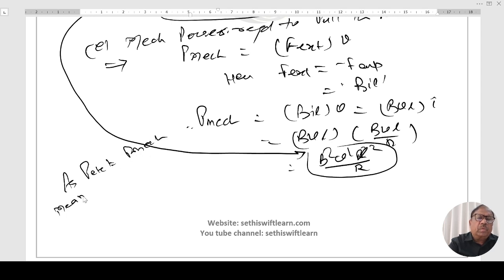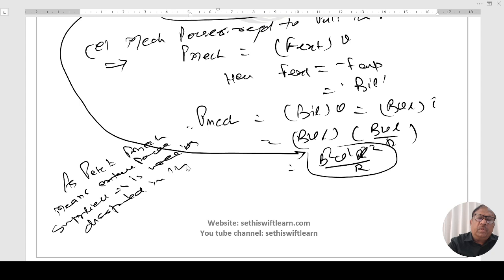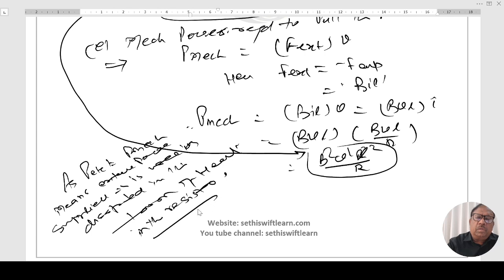It means the external power supplied, that is the mechanical power supplied, is used or dissipated in the form of heat in the resistor, right? Next question.